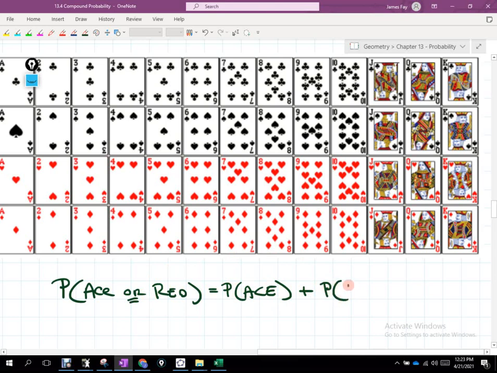The probability of red. Okay? So let's go ahead and find the probability that we get an ace. How many aces are there? How many favorable outcomes align with being an ace? 4. So let me do it this way. We'll highlight them. So we get these 4.